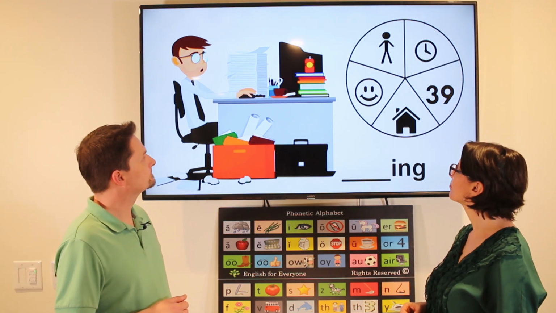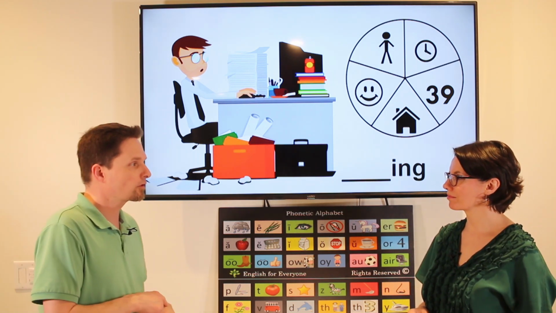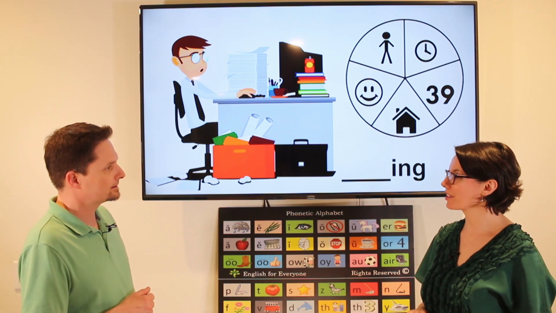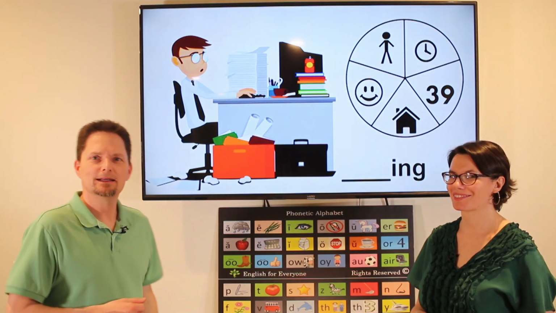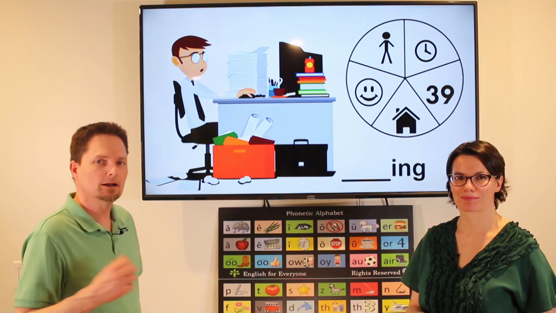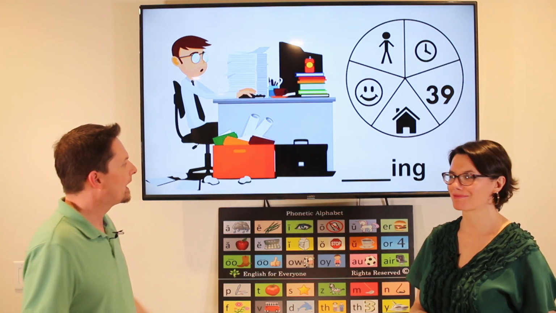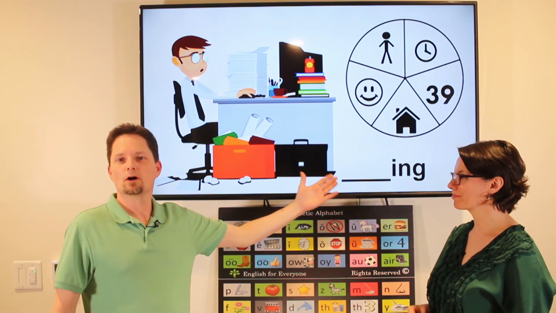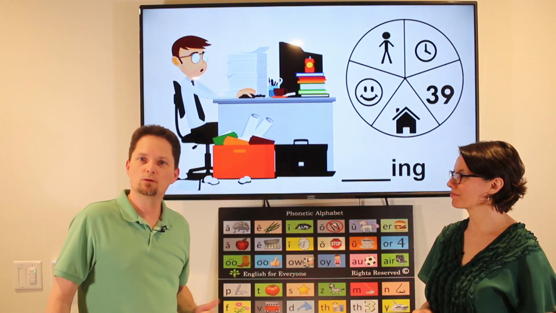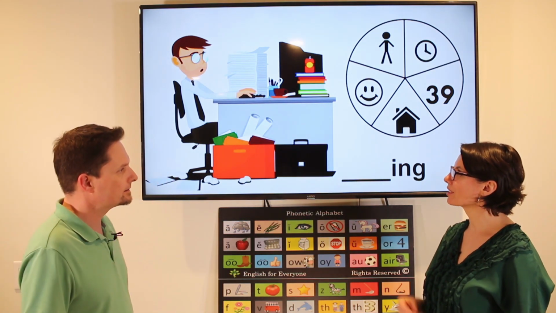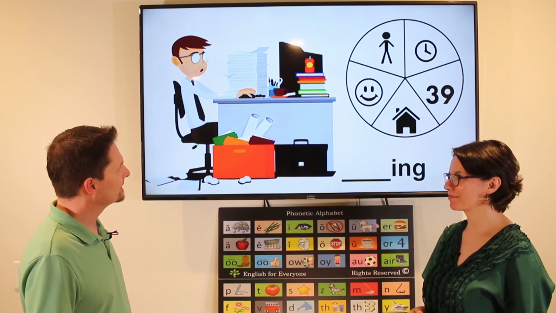For time. Is it time for lunch? Yes, it's time for lunch. Very good. Is it time for lunch? Respond. Very good. And the continuous action. Continuous action, question, doing. What is he doing? He's working now. Very good. What is he doing? Respond.